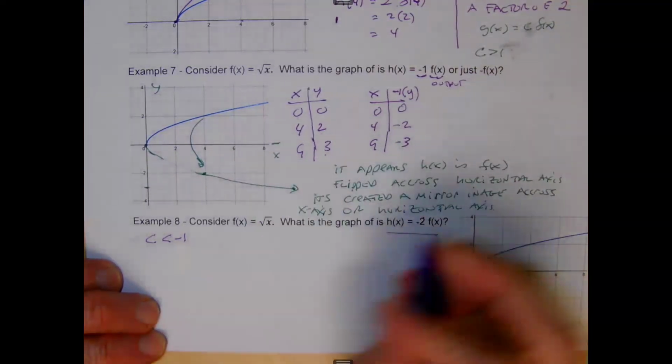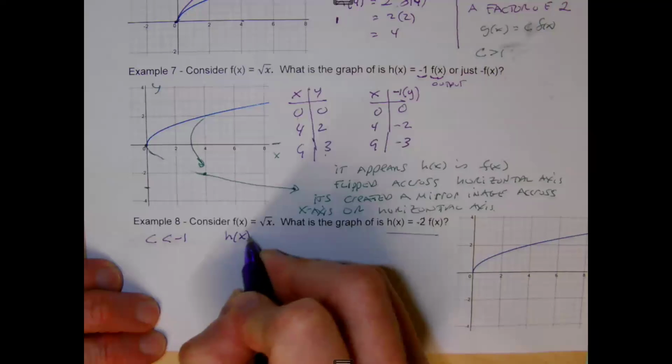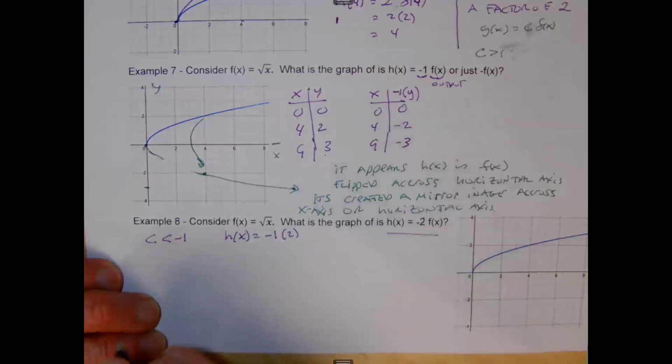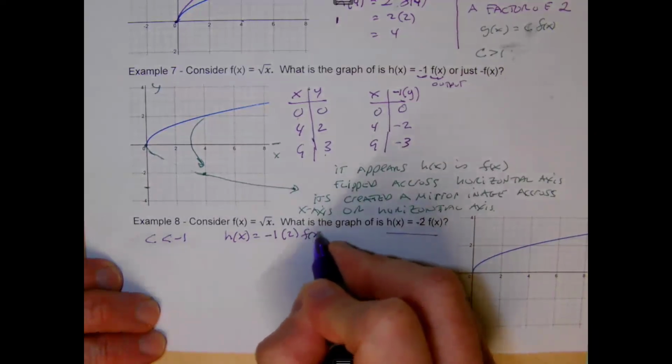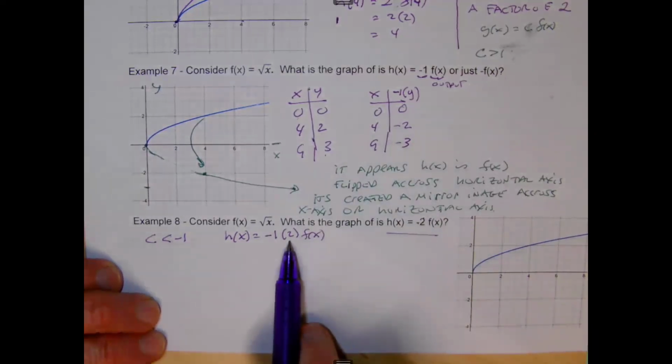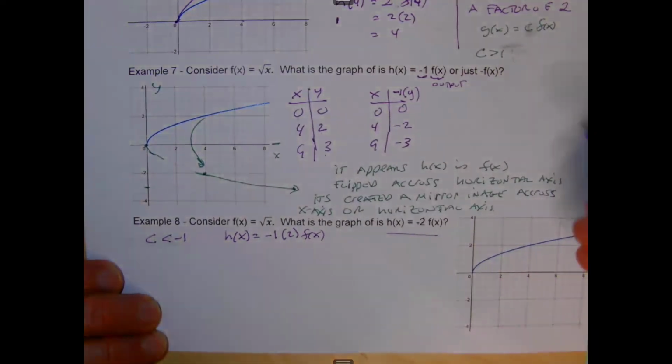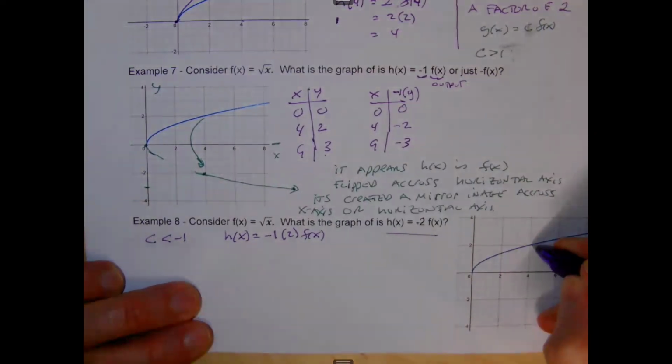So in other words, I can think of this as the following: -1 times 2 times f of x. So I can apply each one separately, or now that I realize that this is a stretching and this is a flip, I know that what's going to happen is this value is going to double.